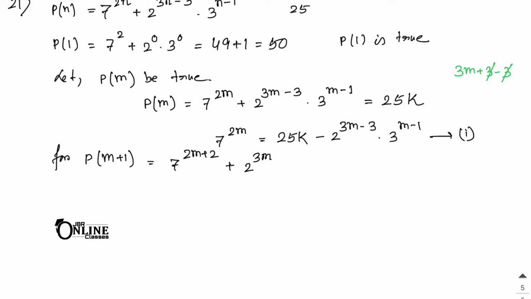So 2 to the power 3m into the next one, 3 to the power m plus 1 minus 1, so 1 cancels out, it will be 3 to the power m only. I hope no problem.